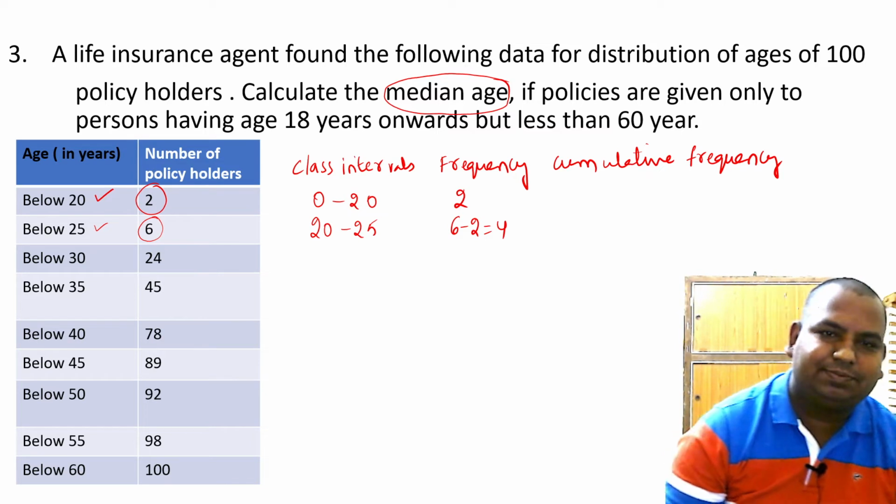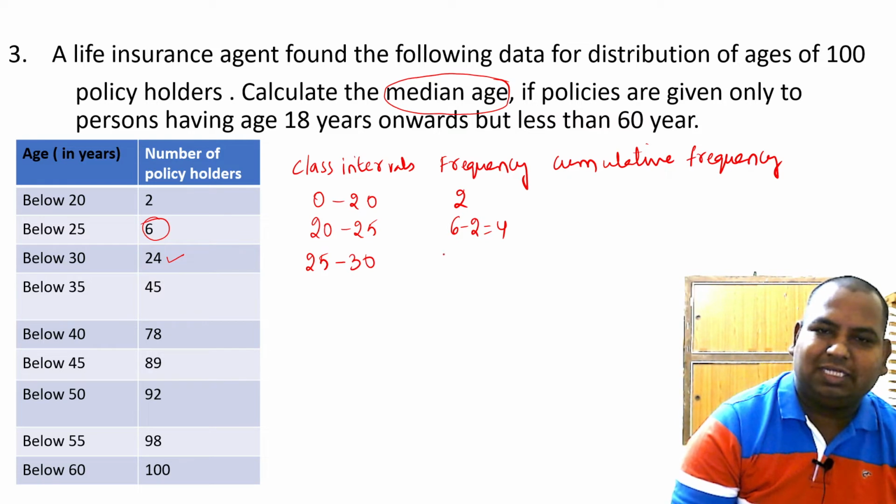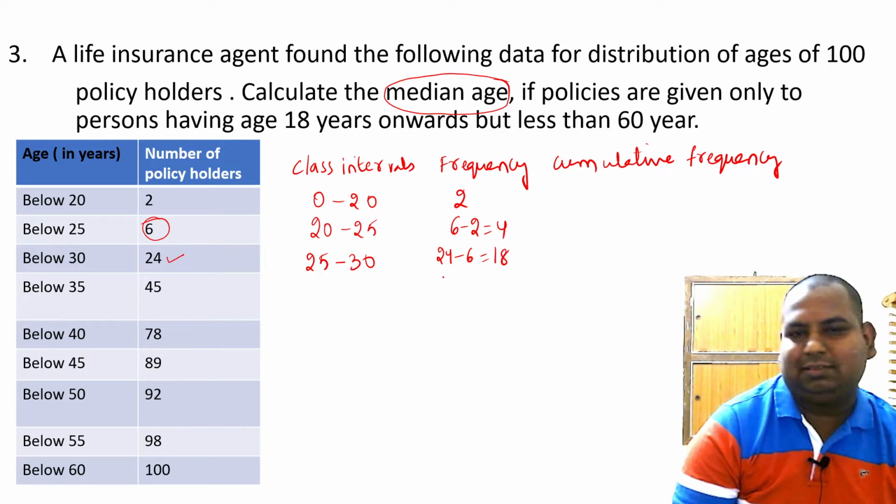Next, there are 24 people whose age is below 30, and there are 6 people whose age is below 25. Then how many people have an age in between 25 and 30? That can be known if I do 24 minus 6. 24 minus 6 is 18.